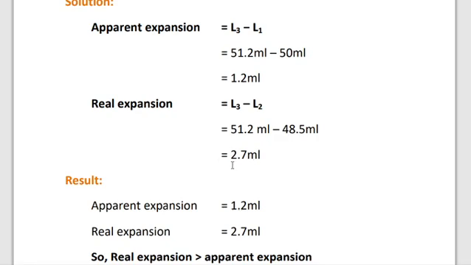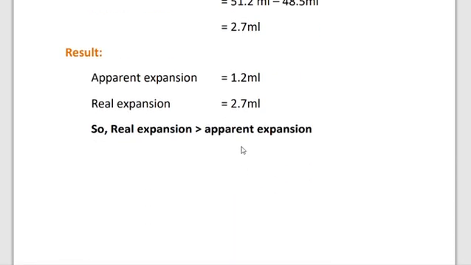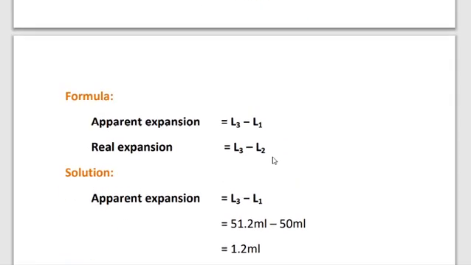So the real expansion is equal to 2.7 ml. Write the result. Apparent expansion equals 1.2 ml. Real expansion equals 2.7 ml. When we compare, real expansion is greater than apparent expansion. So this is the easy way to calculate the apparent expansion and the real expansion of the given liquid.